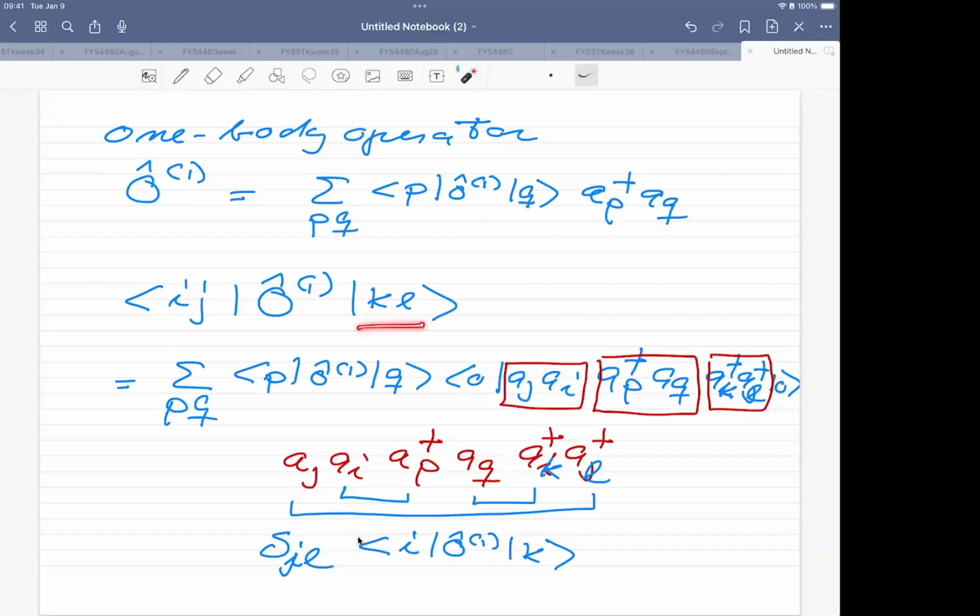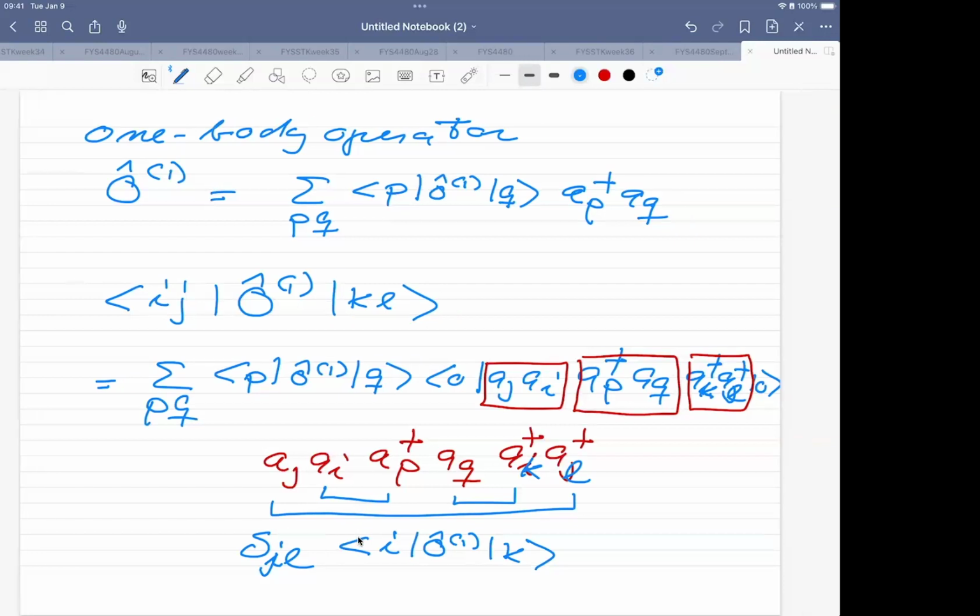We have a determinant here and a determinant here, where the states which are not acted on on the bra and ket side are automatically 0. This is one of the simplifications when evaluating contributions to a Hamiltonian matrix.